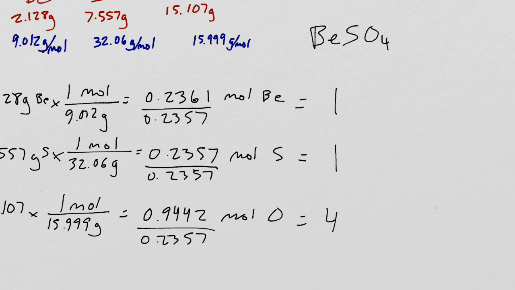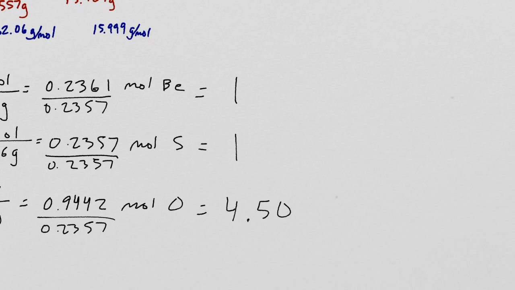Now what if the situation had come up where one of our numbers didn't come out to be exactly 1? Let's say that we divided and got 1, 1, but this one came out to be 4.5. What would we do? That didn't happen, but what if it did?